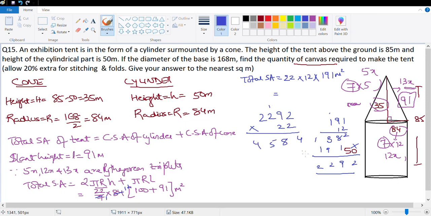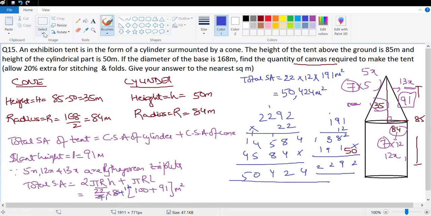So this is 4, 8, 5, 4 here as well. This is 4, 8 plus 4, 12. 13 plus 1, 14. 10. That's 50424. This is 50,424 meter square.